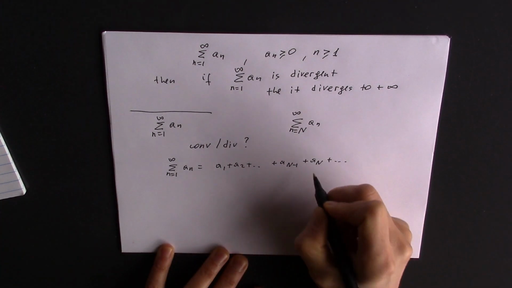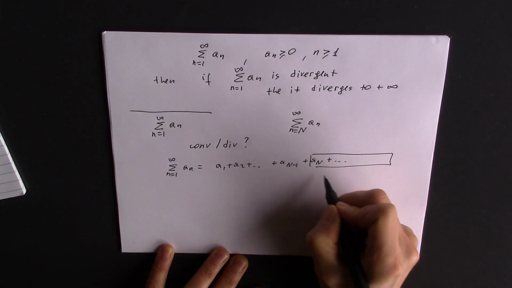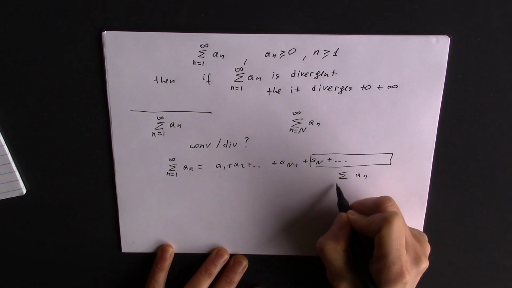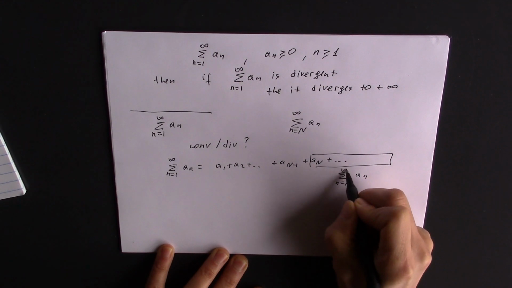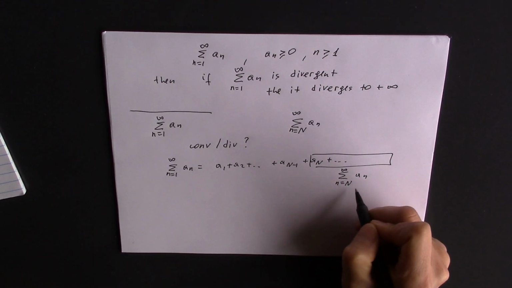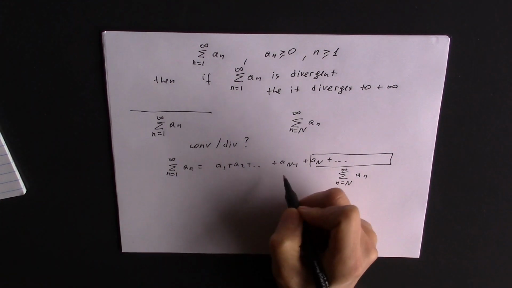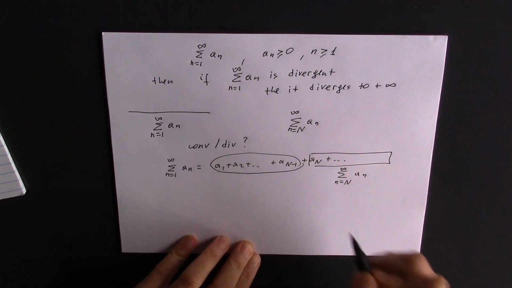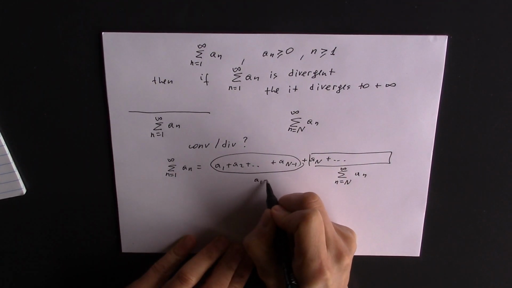What you notice is that it is the series where we start at capital N, plus that initial part.